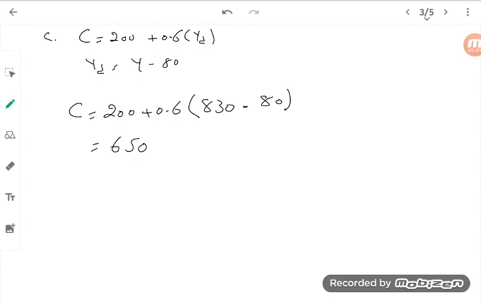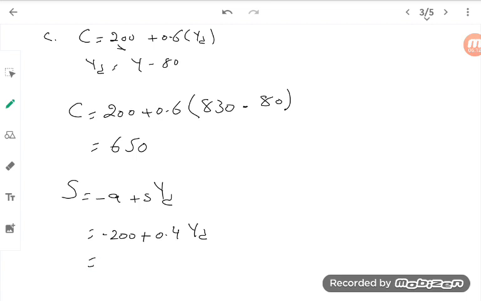With respect to savings, we have to find the saving function first. As we said, S equals negative A plus small s YD. And we know that small s equals 1 minus small c. Negative A is negative 200. And s is 1 minus 0.6, so it's 0.4 YD.